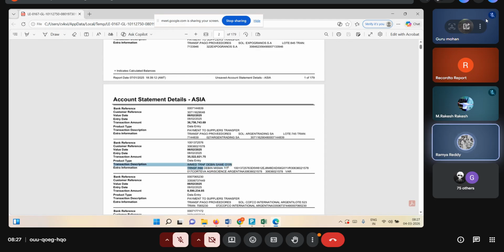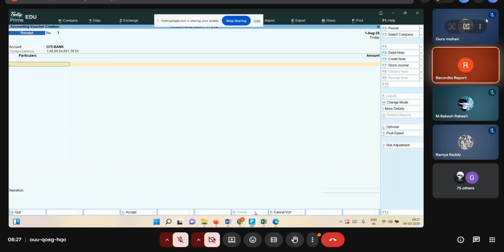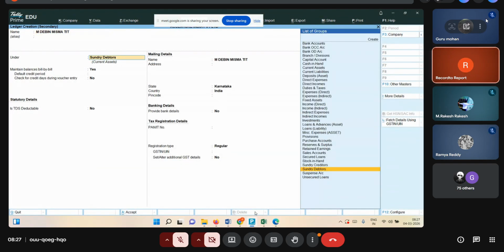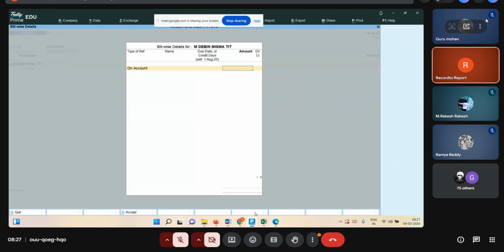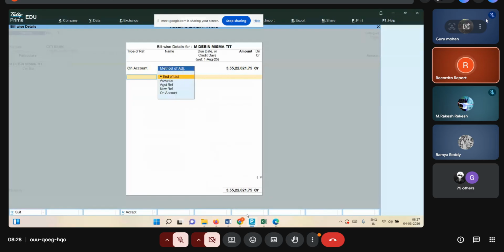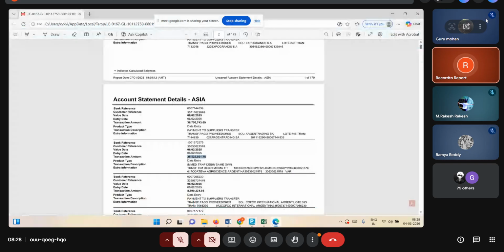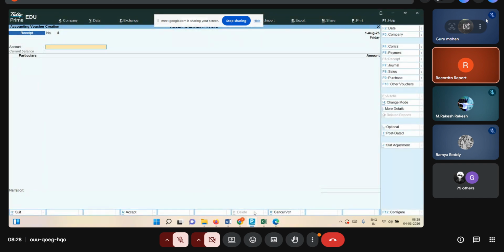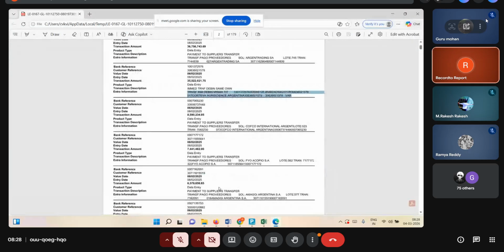Devin Simon. Yeah, you can take it out. So what is the transaction amount here? This is the transaction amount, and we can take it here. This is the detail.